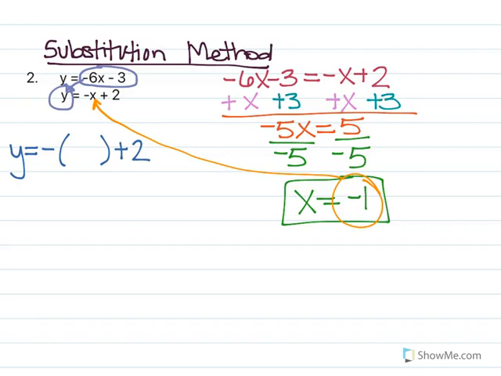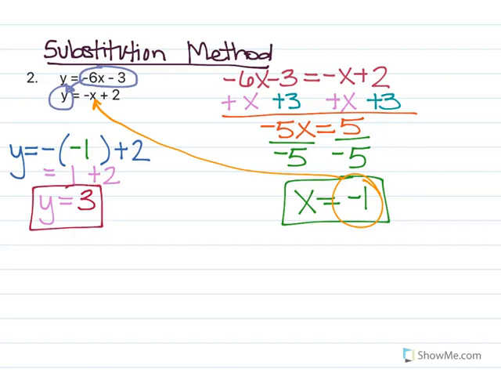And in the parentheses, I'm going to replace x with negative 1. And then when I solve this, a negative times a negative is a positive, so y is going to equal 1 plus 2, which means that y is equal to 3.